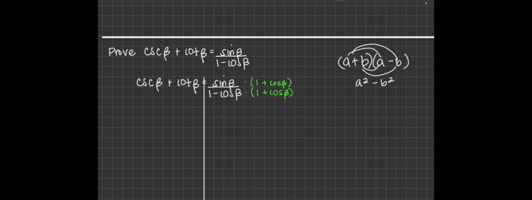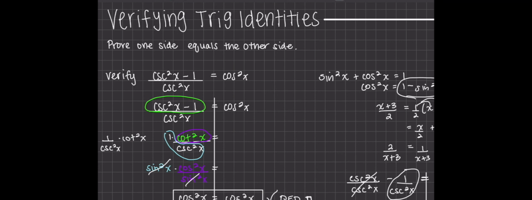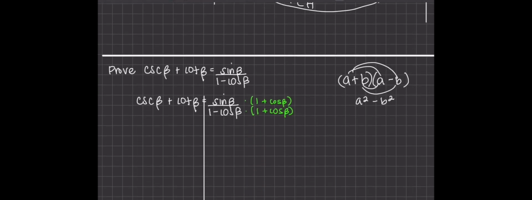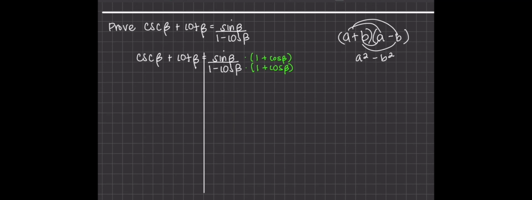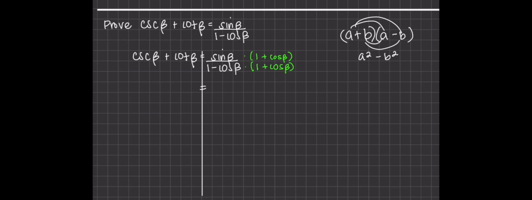We think of the Pythagorean identities. So conjugates are helpful because they will allow us to use the Pythagorean identities. So I'm going to go ahead and multiply using distributive property. But here in the numerator, I'm going to actually keep them as factors, as sine of beta and 1 plus cosine of beta.